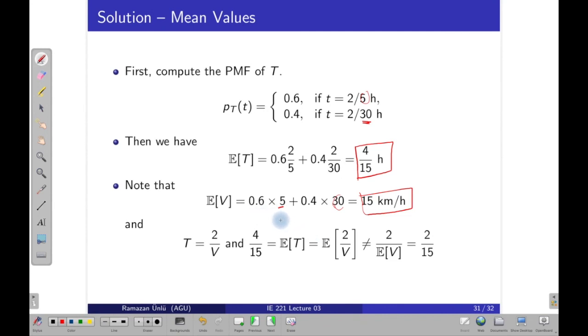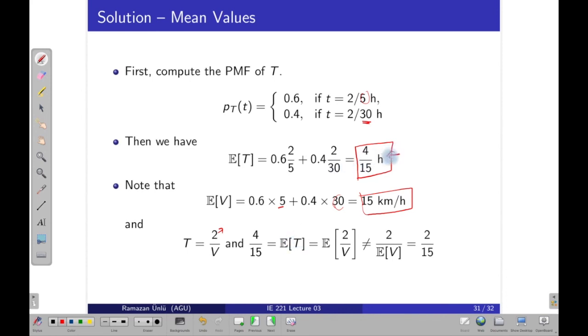There is something important here. This is the general formulation of the time, right? The time is total distance, which is given to us in the question, divided by the speed. And we found that 4 over 15 is the expected value of t, right?